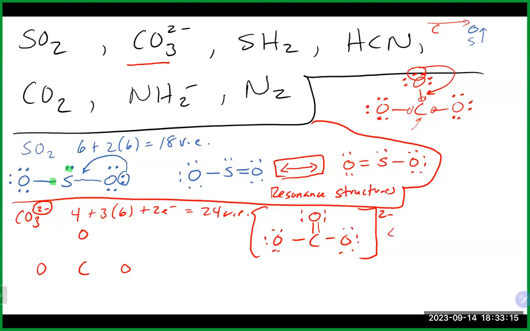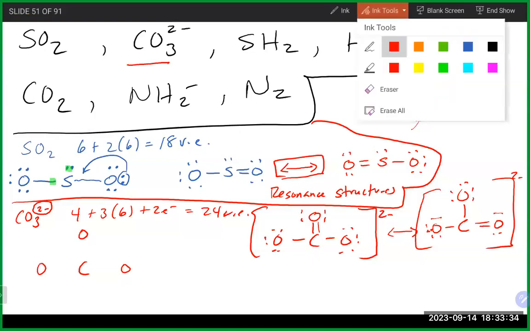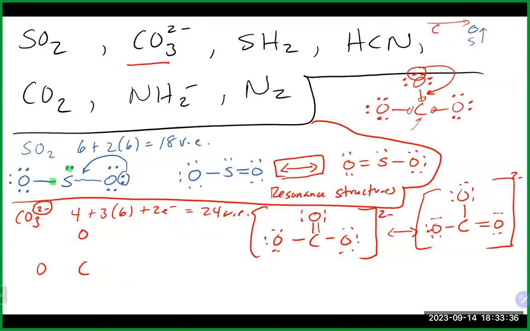You could draw another resonance structure where we double bond, say, to the right. And you could actually draw a third resonance structure where you double bond to the left there.